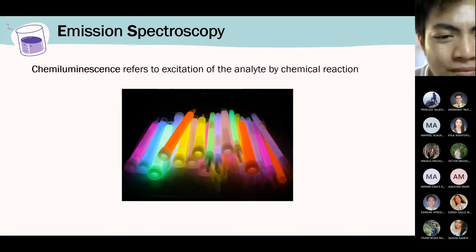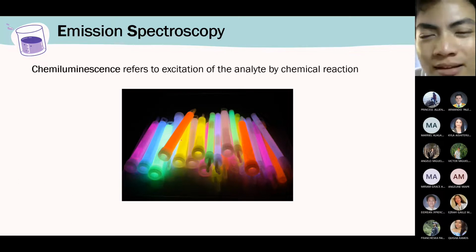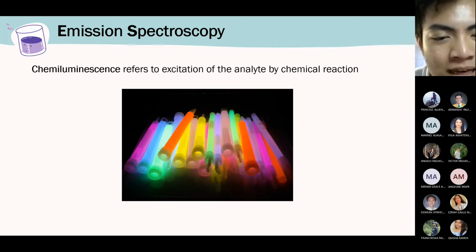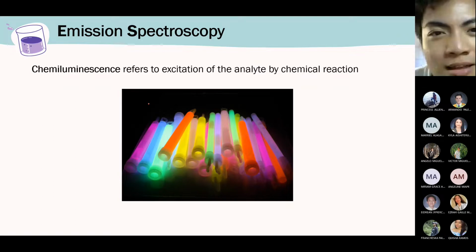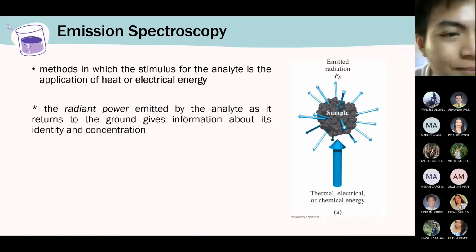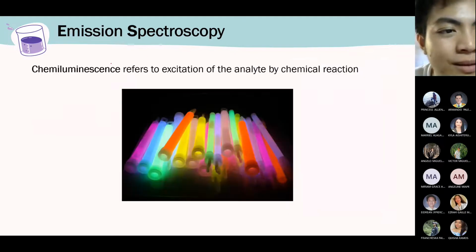Instead, they have a reaction, and the reaction between them causes them to release light. So the energy of the chemical reaction is what releases light energy in our glow sticks. You crack it, right, and then it glows. When you crack it, two chemicals are released that have a chemical reaction, so they glow. So that is emission spectroscopy.